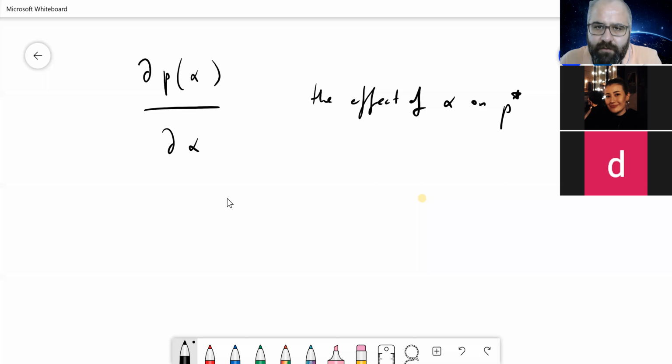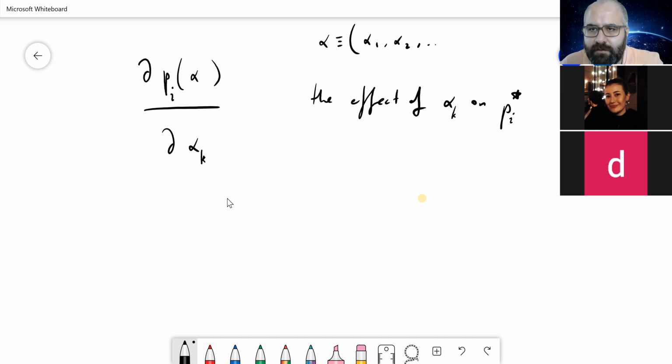More specifically, of course, you can choose a particular commodity, and ask the effect of a particular parameter alpha k on p i star. Because you may imagine that alpha is multidimensional, right?